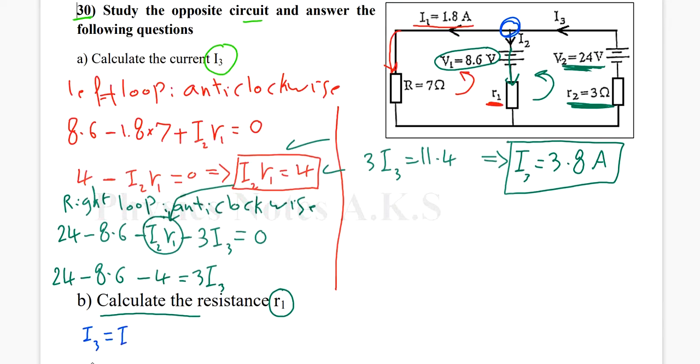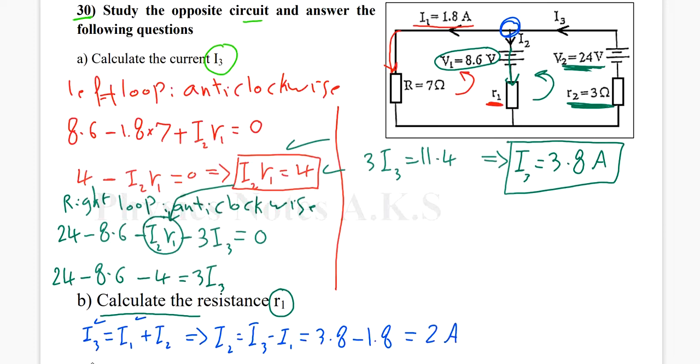I have I1 and I2. I have I3, I have I1, so I can find I2 equals I3 minus I1, which equals 3.8 minus 1.8, which equals 2 ampere.